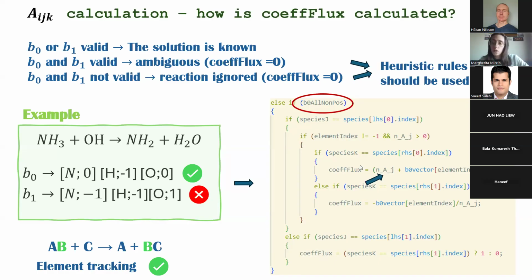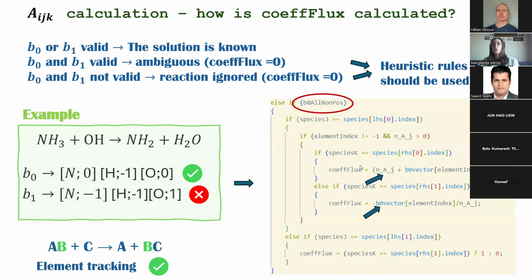Here we consider the number of atoms of species J. In this case, we have hydrogen equal to 3, and we sum it with the B0 vector, so with the -1, because the hydrogen here is -1. The sum of these two gives 2, so 2 hydrogen will be moved from NH3 to NH2.